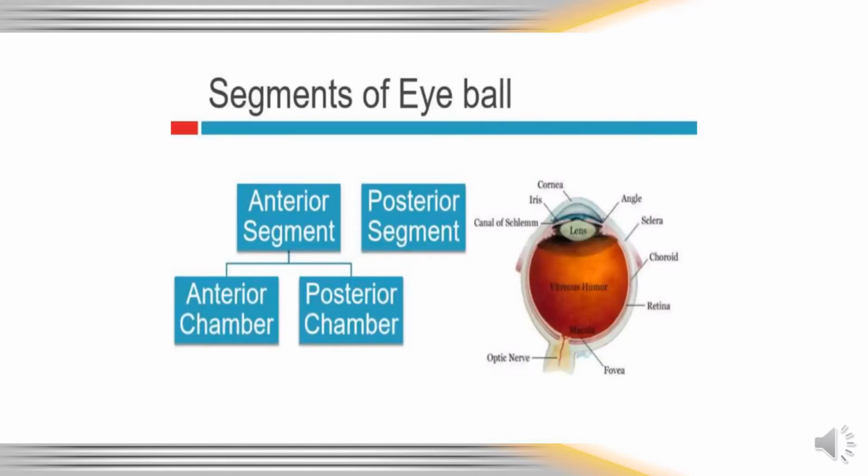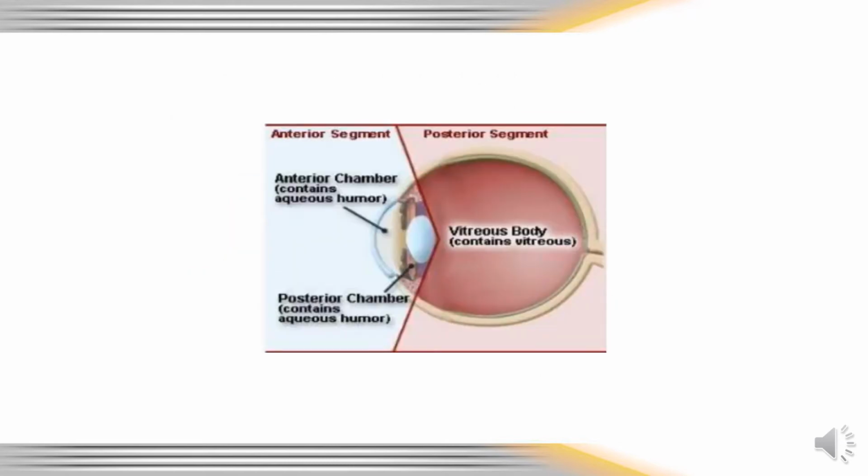Concerning segments of the eyeball, we have two segments, the anterior one and the posterior one. This photograph delineates the anterior segment and its components, the posterior segment and its components.